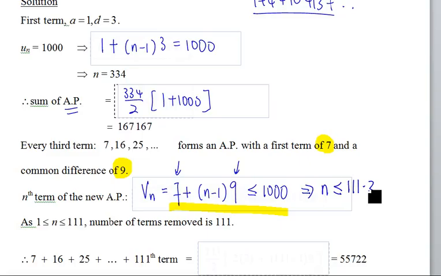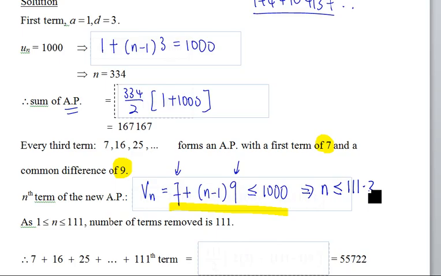That means what we are saying is this. You start n equals 2, 3, 4, 5, 6, always less than 1000. Even if you take 111, you'll still be less than 1000. The moment you hit 112, the 112th term will be greater than 1000, which is not allowed. So with this new AP, you have 111 terms. We're being very safe here, because some of us are able to identify it well. If you put 111 you can answer correctly, good.